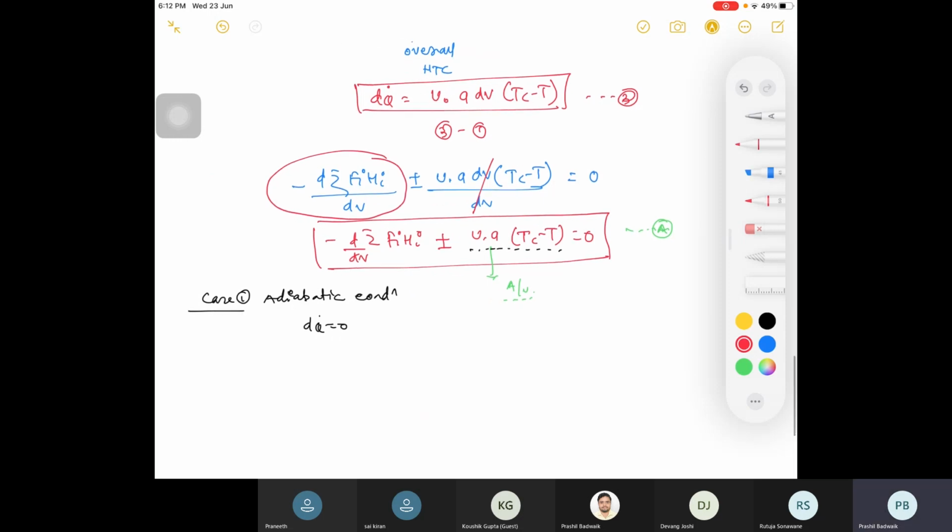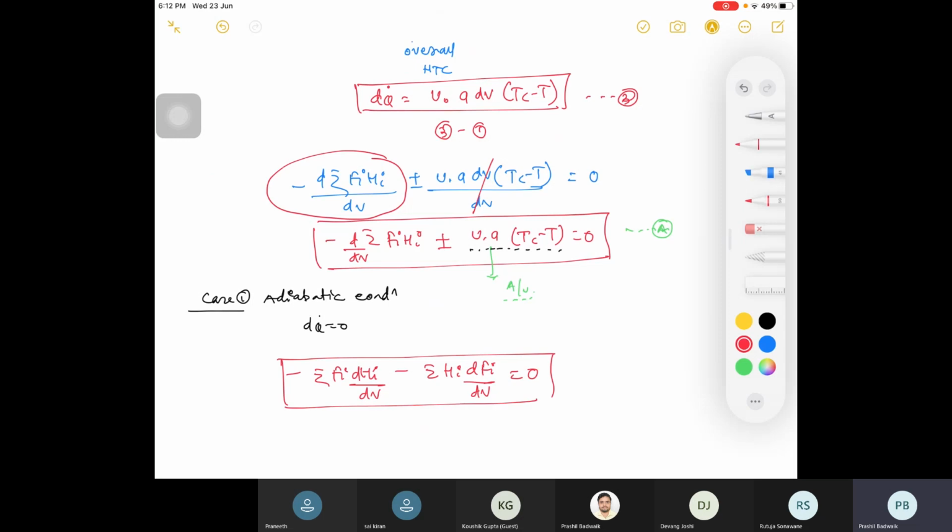Please differentiate using your principle. First function derivative of second, and second function derivative of first. So this is your minus of summation Fi into dHi divided by dV minus summation of Hi into dFi divided by dV.